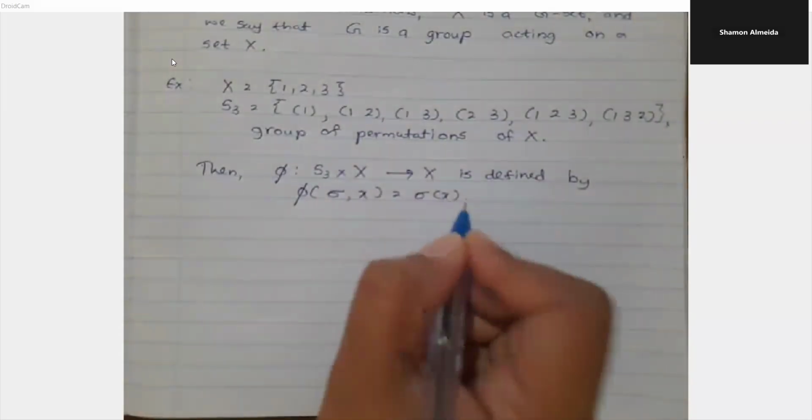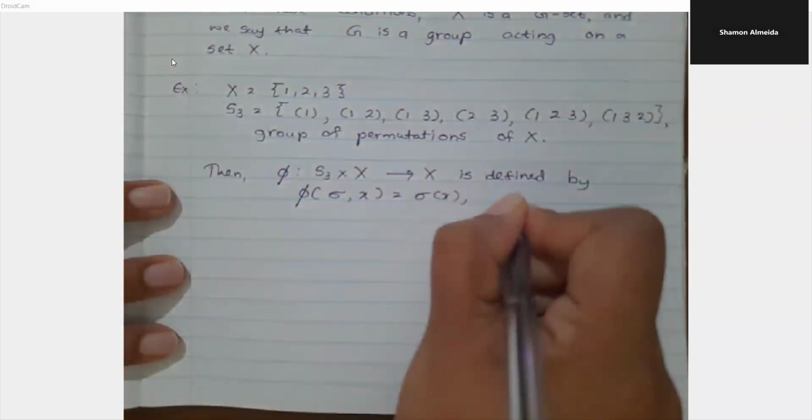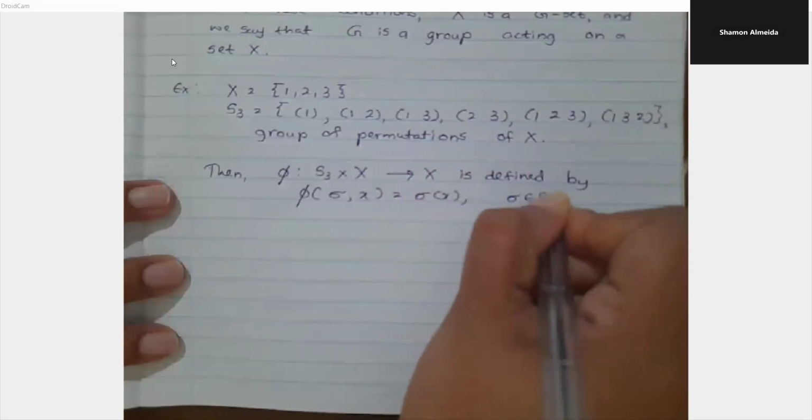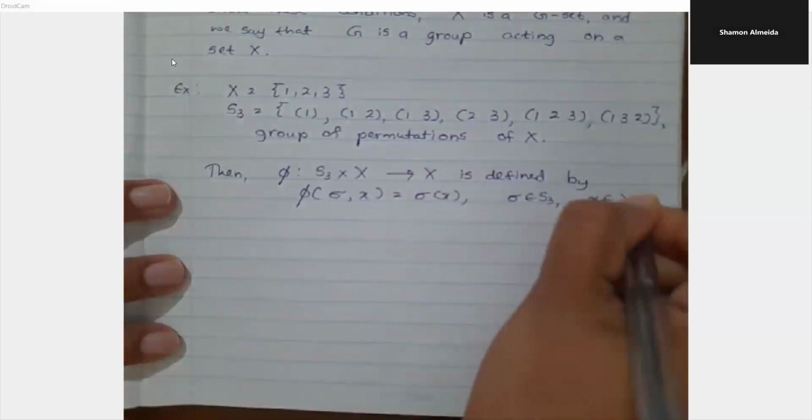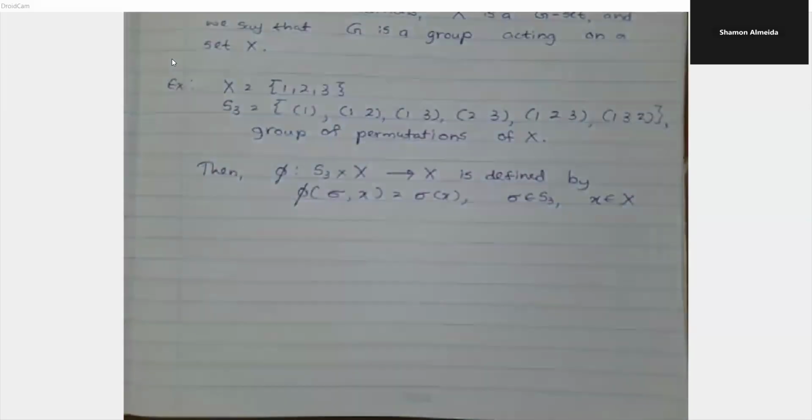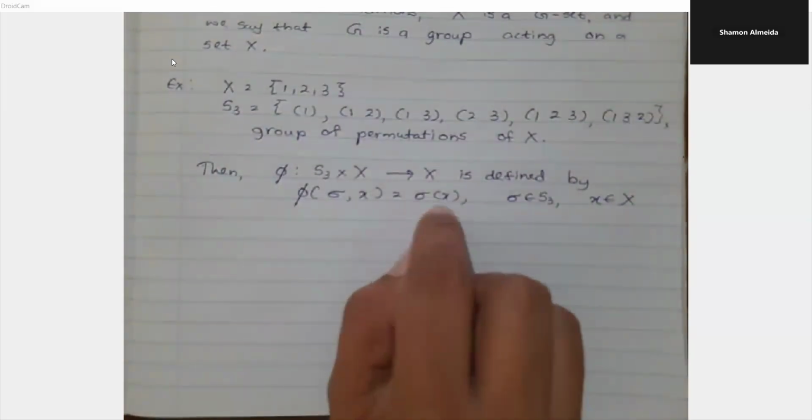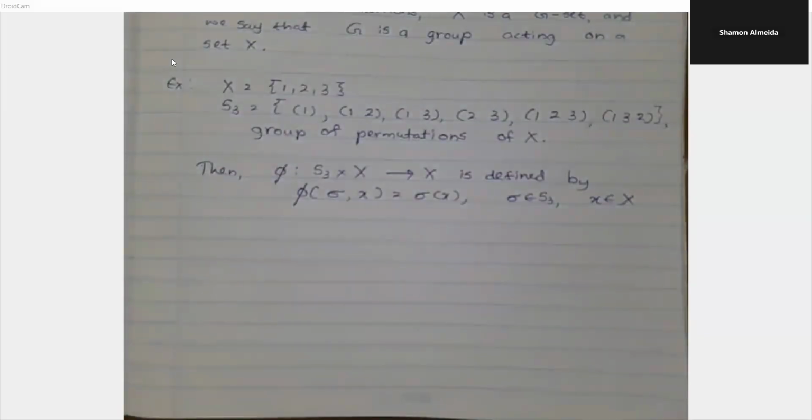And this simple, now let me write, sigma is in S3, X is some element 1, 2, or 3, right? Okay, so what do we mean by sigma of X? Now we understand sigma is a permutation. In other words, it's a function.